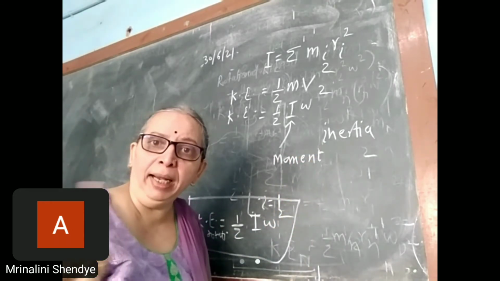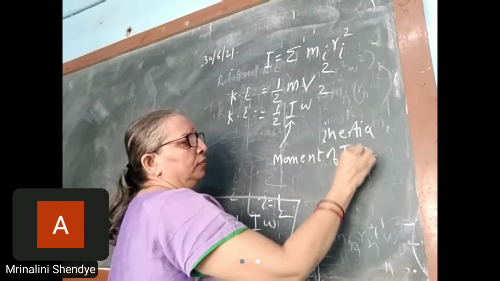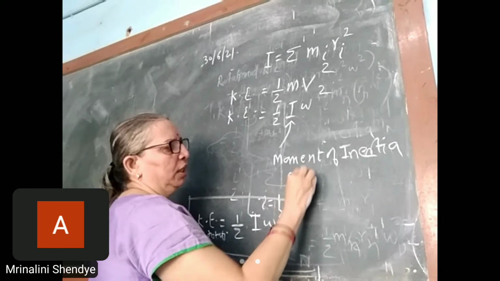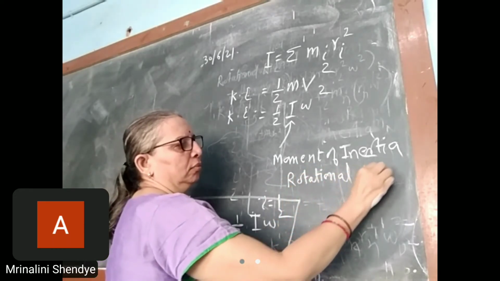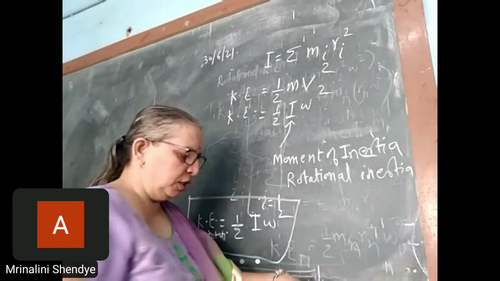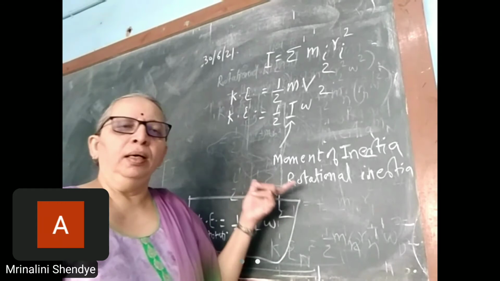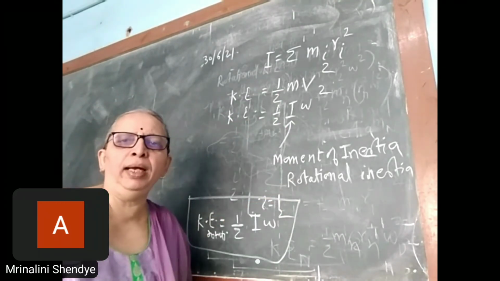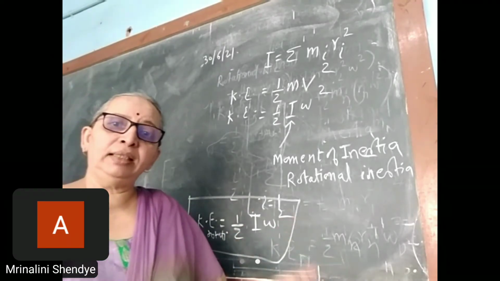Not movement, it is moment of inertia. It is also called rotational inertia. उसको रोटेशनल इनर्शिया ऐसा भी बोला जाता है. So with analogy we have introduced a new term I, the rotational inertia.